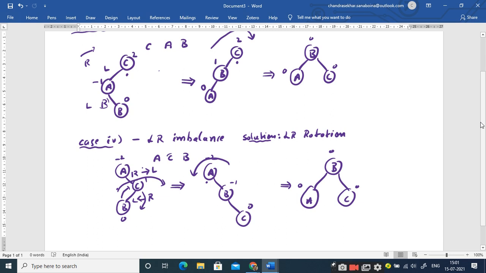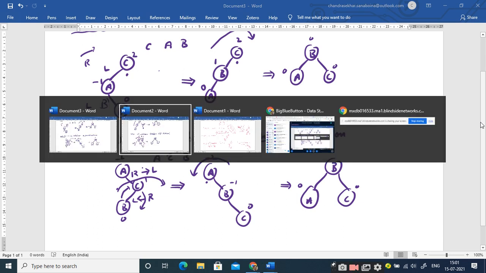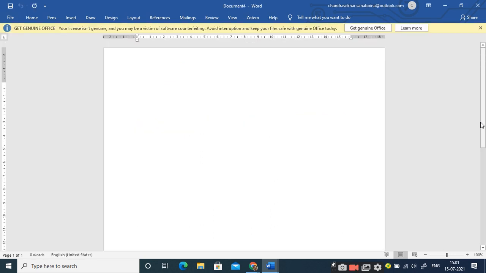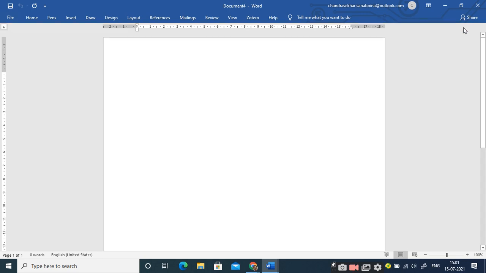Yes, sir. So you may get a doubt that, sir, what is this? We are always trying to solve it with only 3 nodes. Right? In the AVL trees, the rotations are always explained with respect to 3 nodes only.